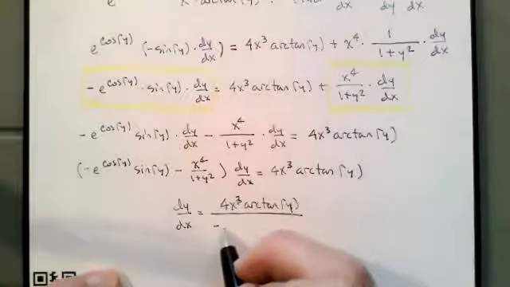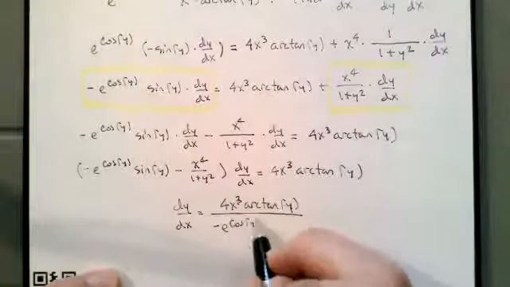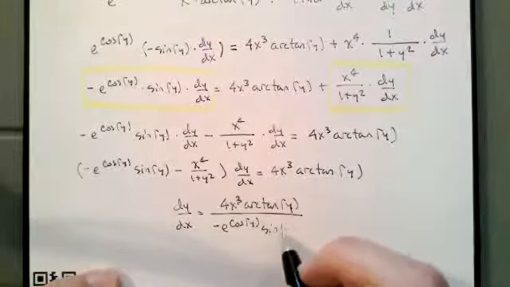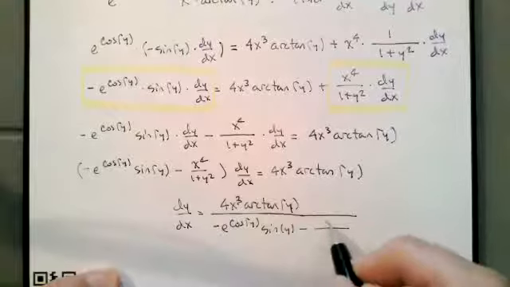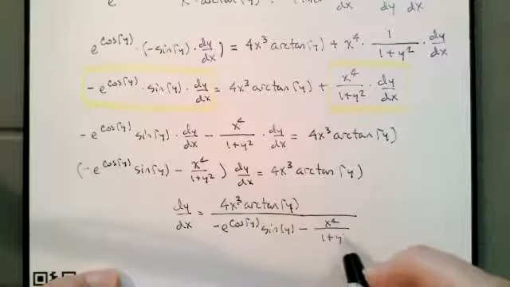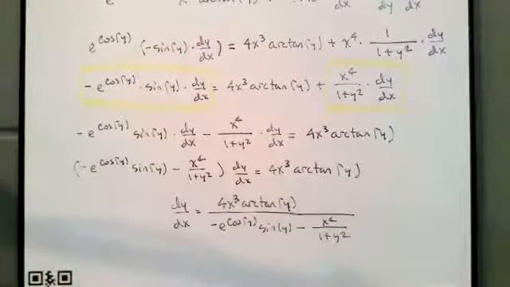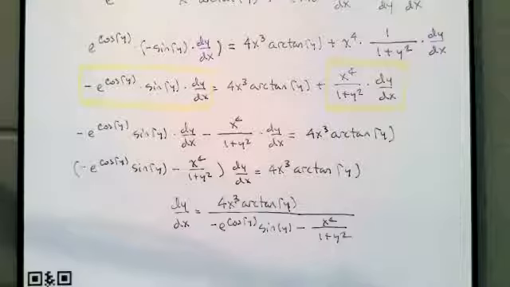On the bottom, we'll have a minus e to the cosine y times the sine of y, minus x to the fourth over 1 plus y squared. Any questions?